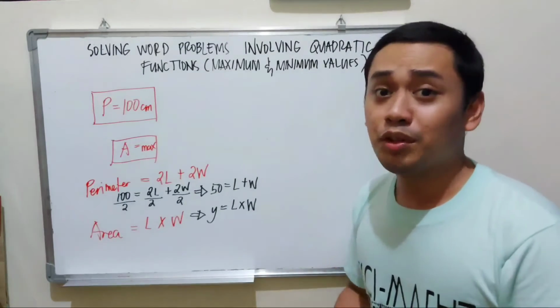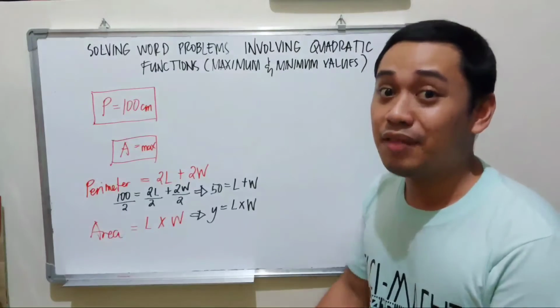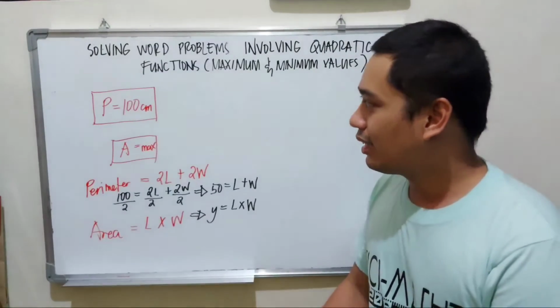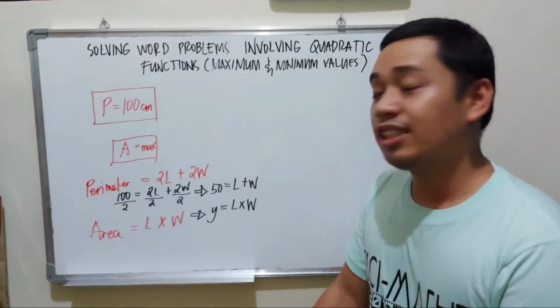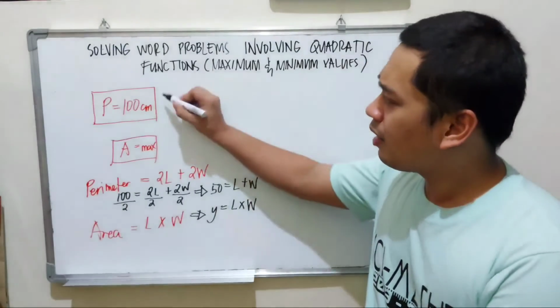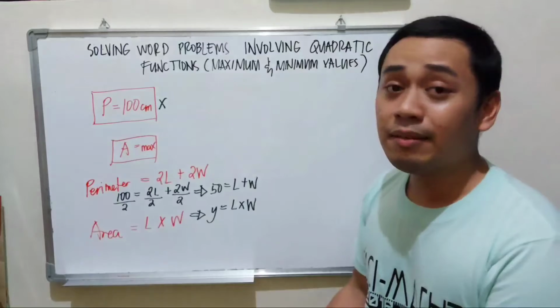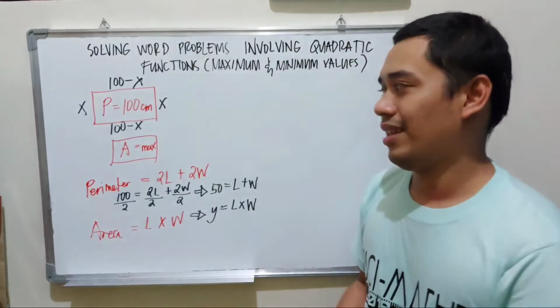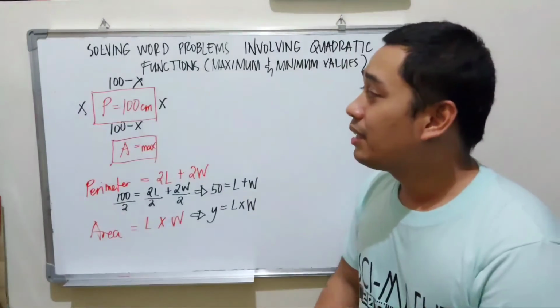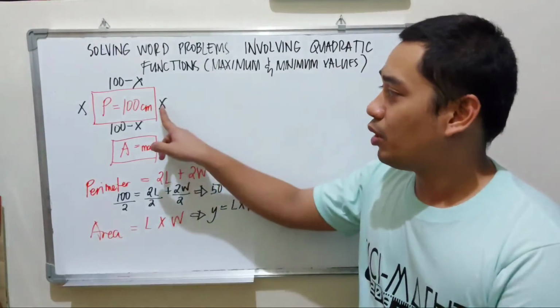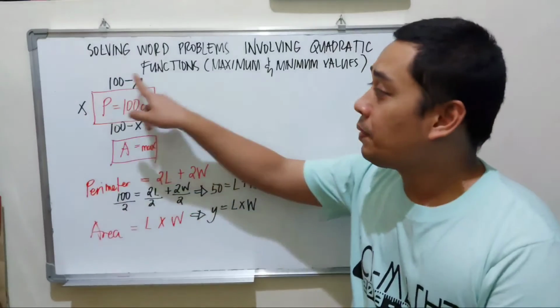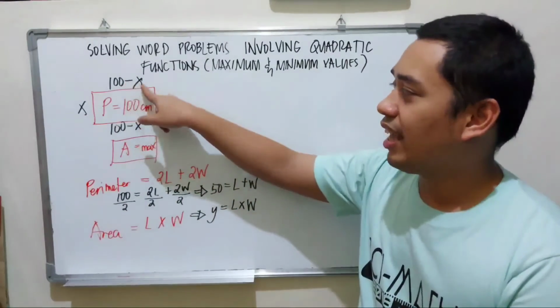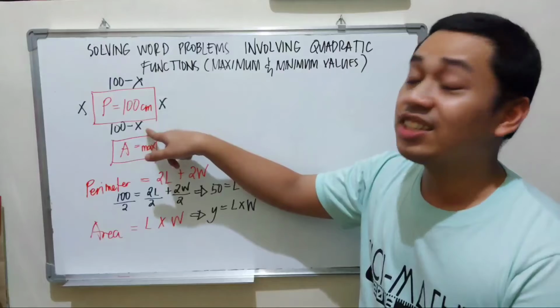And to get the maximum area, lagi ang maximum, laging y is equal to length times width naman. Pero paano natin masosolve to nang wala pa tayong ginagamit na values for length and width? Ang sabi, the perimeter is 100 cm. Then, we can think that the width can be our x, then the length must be equal to what? Yan. So, we have 2x's for our width kasi dalawa siya. Then, we have 100 minus x and 100 minus x as our length.